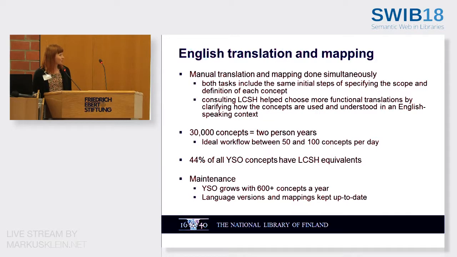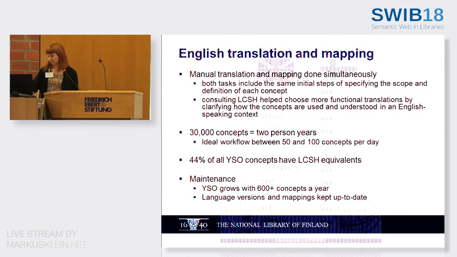And we were able to reach a 44% mapping percentage to LCSH, which is actually quite a good accomplishment for concept schemes that cover such different language spheres. And as YSO grows, it grows about 600 to 700 concepts per year. We keep all the language versions up to date and the mappings as well.